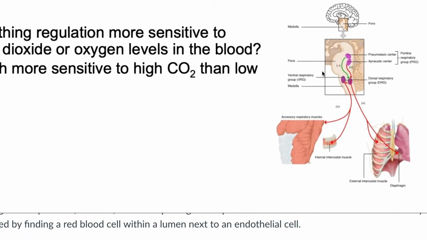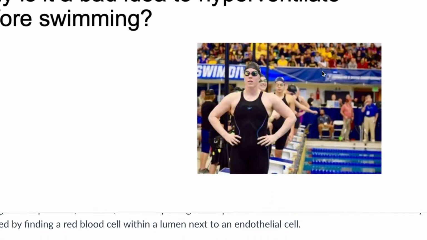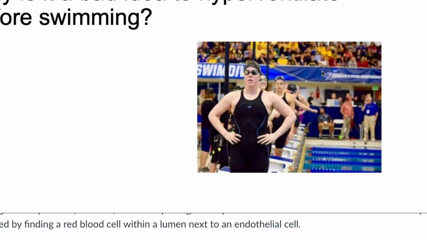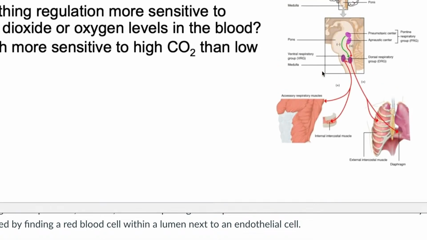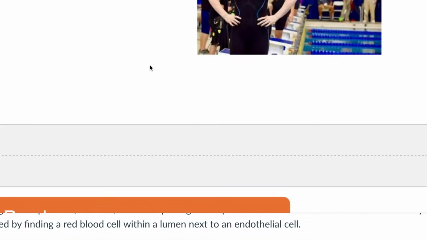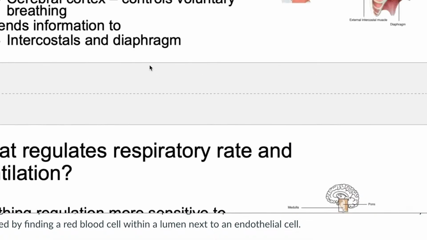So your chemoreceptors in your brain are for CO2, not O2, which is why it's a bad idea to hyperventilate, because if you get a lot of air in and get rid of all your CO2, you might run out of oxygen before you get high in CO2. And your body won't tell that it's low in oxygen.